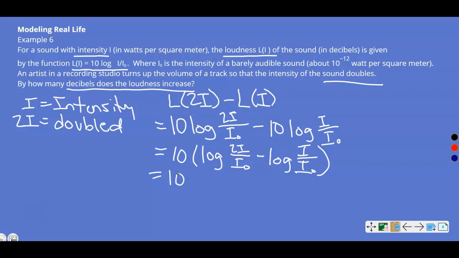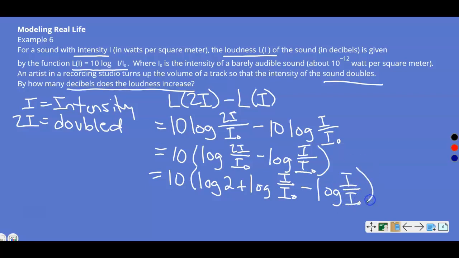We're not doing anything with it yet, but we can rewrite using logarithmic properties: log 2, and then a product, remember, becomes addition, so plus log I over I sub 0, and then minus log I over I sub 0.